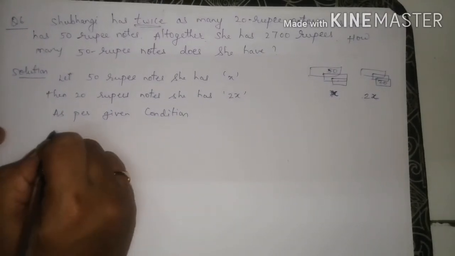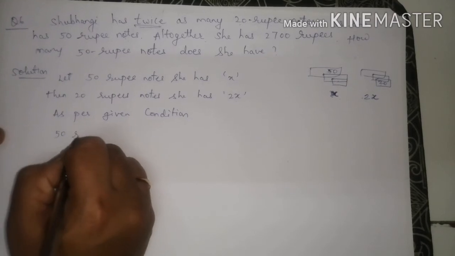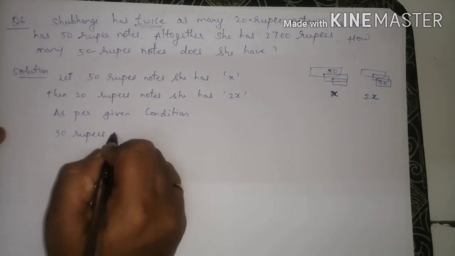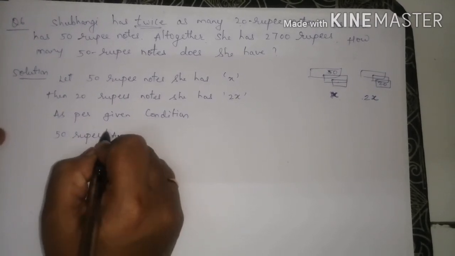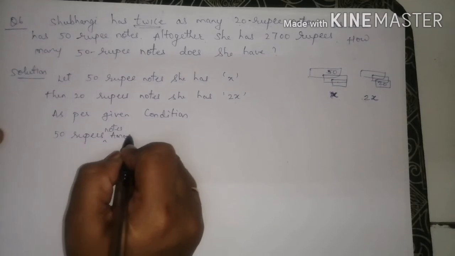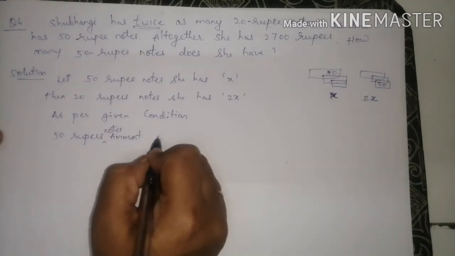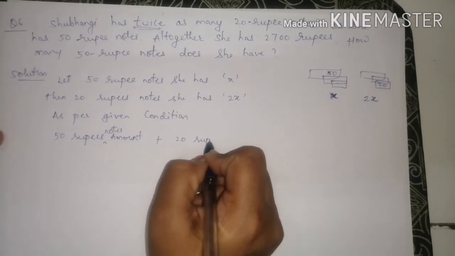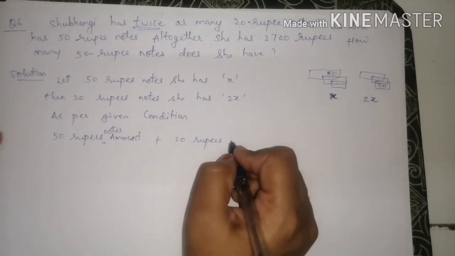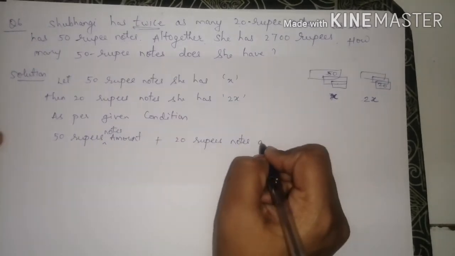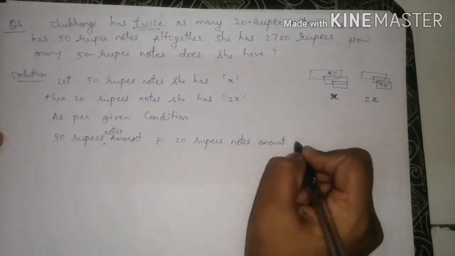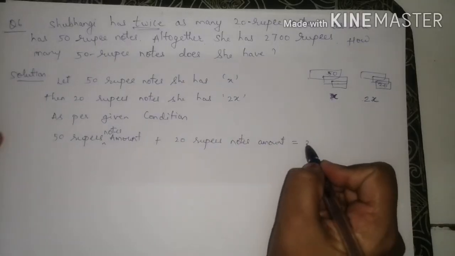So we can write like this, 50 rupees notes amount plus 20 rupees notes amount is equal to the total she has.